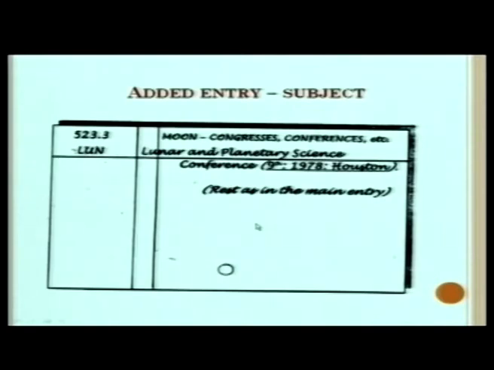Coming to the added subject entry, the subject heading, when we write it on the top above the heading, we have to write always in capital letters, and the rest will be the same as in the main entry, and the access number has to be avoided in writing these added entries.